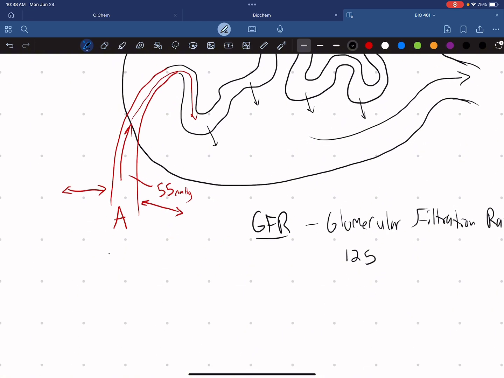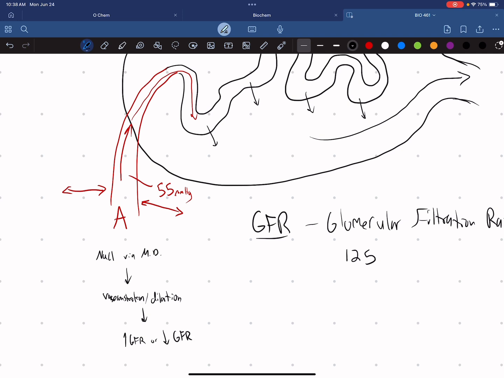So say we have a change in our sodium chloride levels that are detected by macula densa cells that will cause a chain reaction that will lead to either a vasoconstriction or dilation that will then cause an increase in GFR or a decrease in GFR.